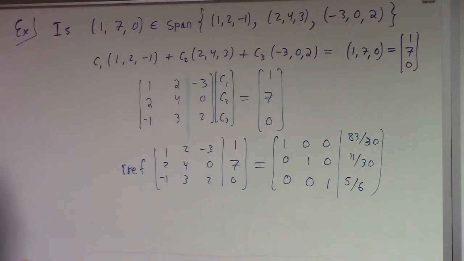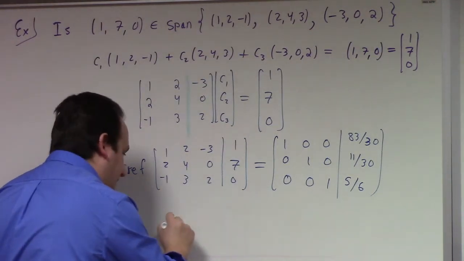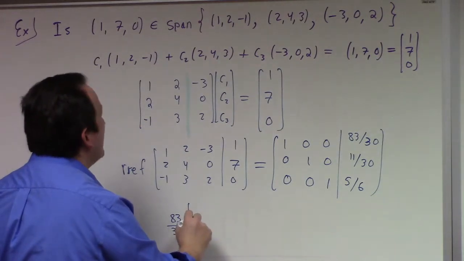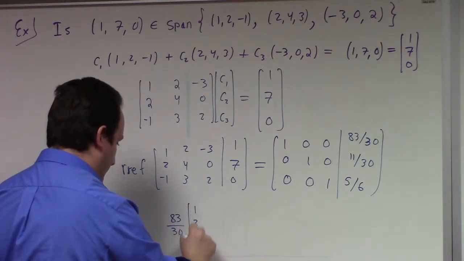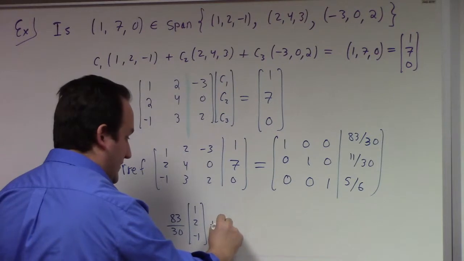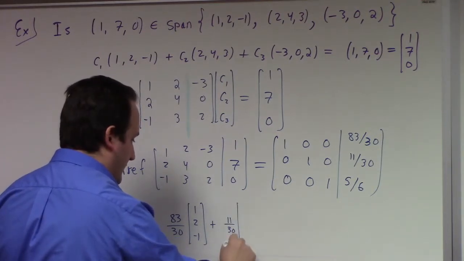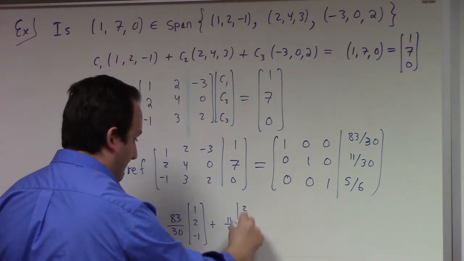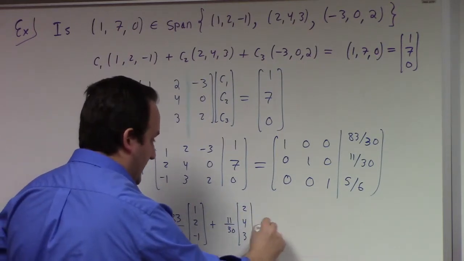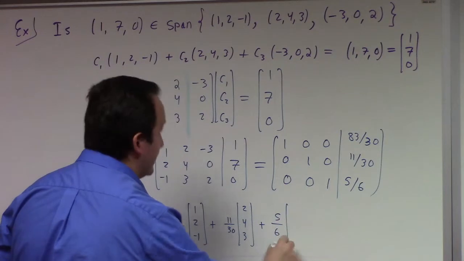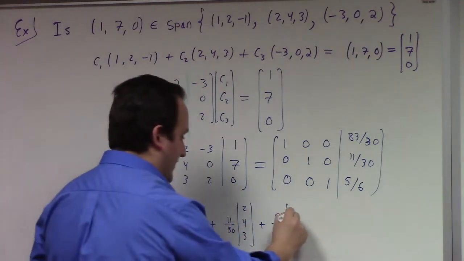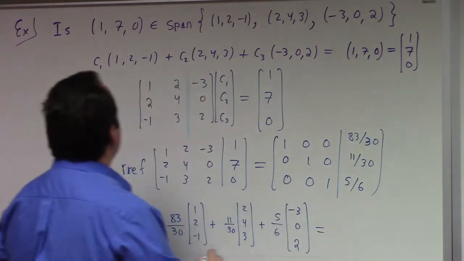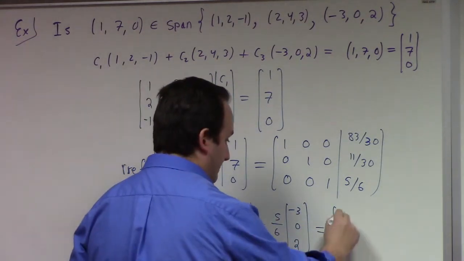But what I can read from that is that 83 over 30 times the vector (1, 2, minus 1) plus 11 over 30 times the vector (2, 4, 3) plus 5 sixths times the vector (minus 3, 0, 2). Well, guess what? That's equal to (1, 7, 0).